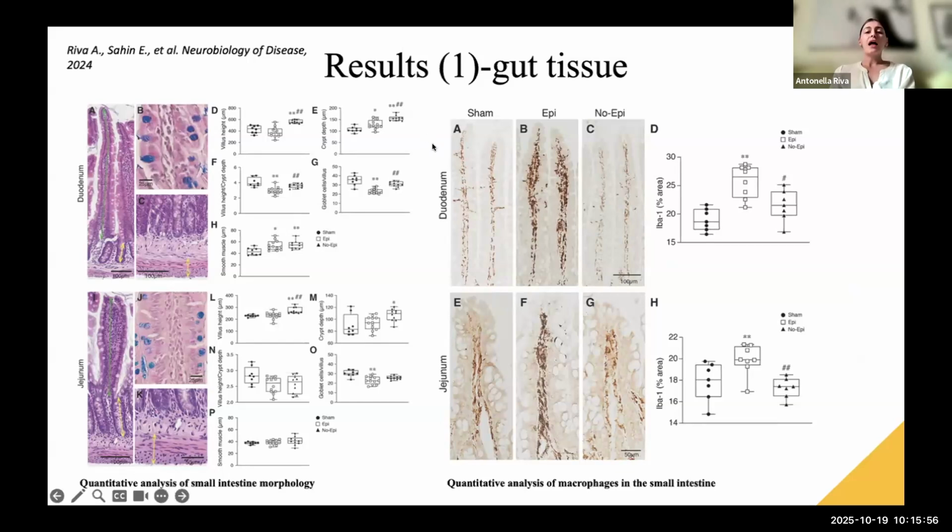Moreover, this is for the macrophage activation. You can see a quantitative analysis of the macrophages with a specific color. The local activation of macrophages in the group of rats which developed epilepsy was statistically significantly higher compared to the sham controls and those who did not develop epilepsy.